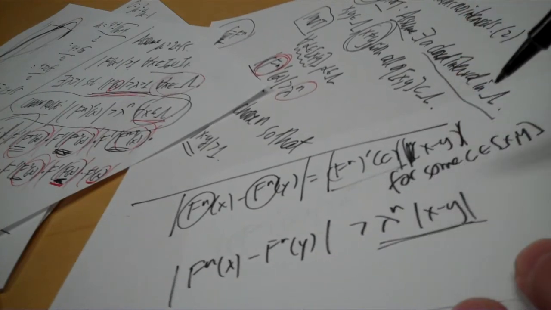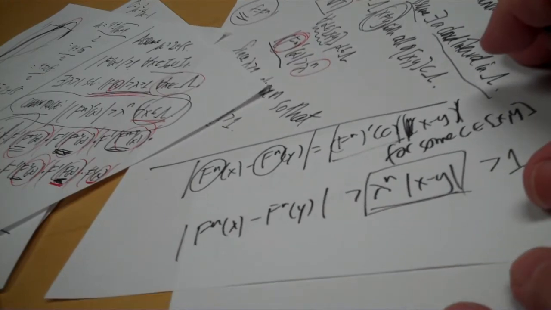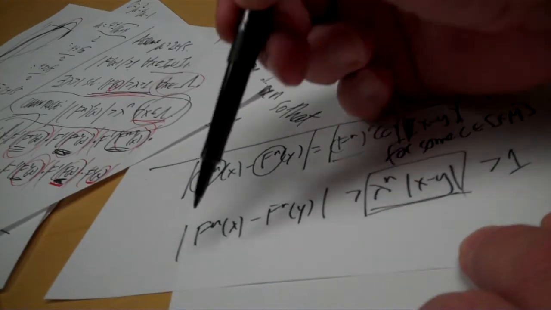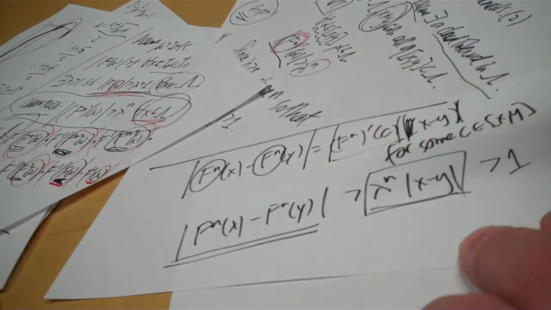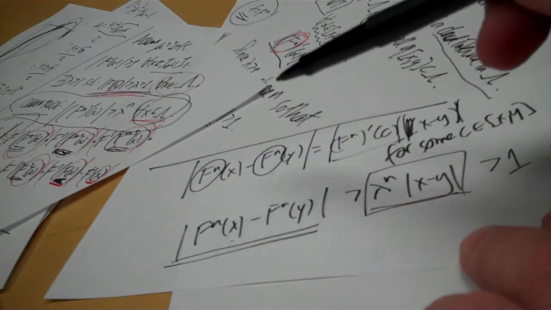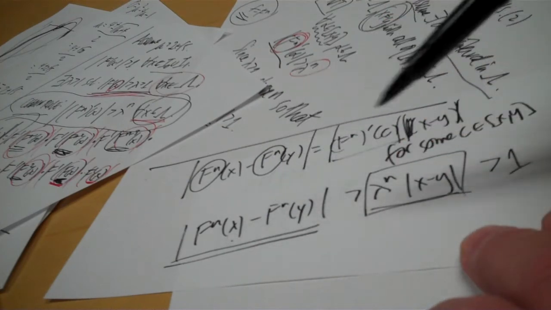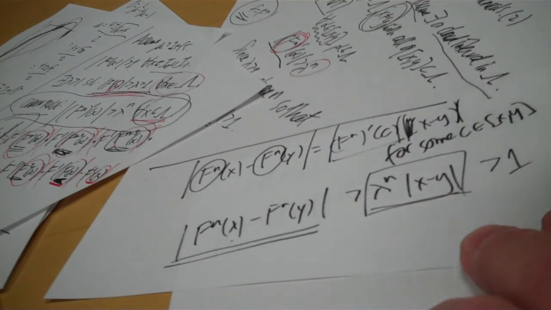But the whole choice of n that we made a few lines back was to make this exact product greater than 1. So notice what we have here: the distance between the nth iterate applied to x and the nth iterate applied to y is greater than 1.